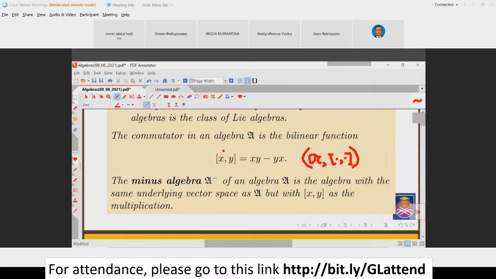Since this is bilinear, you will get an algebra. That algebra A with respect to this operation is called the A minus algebra. This means the algebra with this bilinear operation, where the product operation is given as the bracket [x, y] in square brackets. So that is the multiplication, and that algebra we denote as A minus.